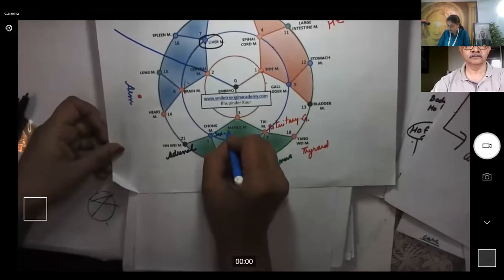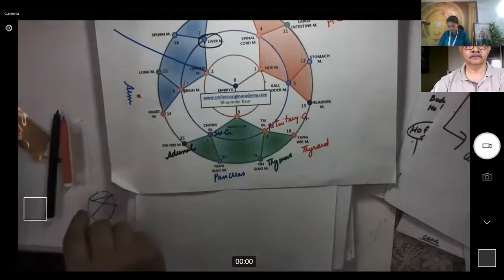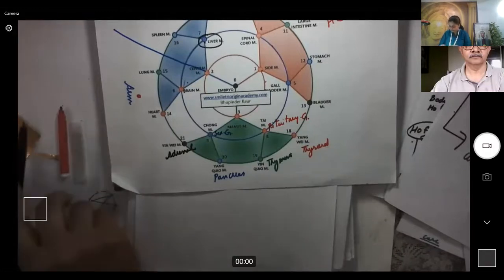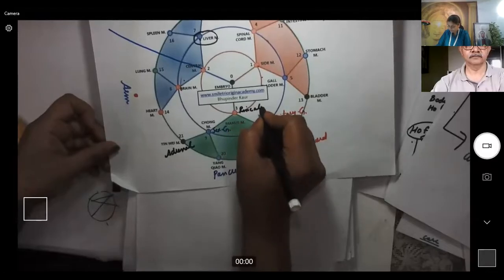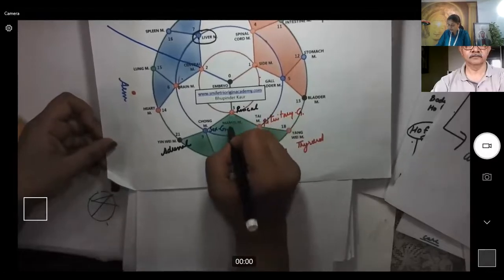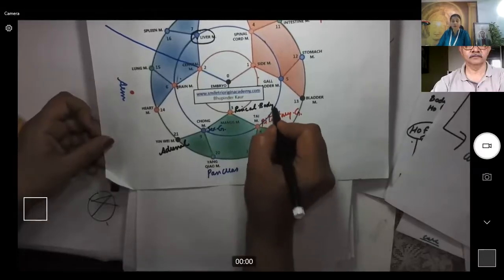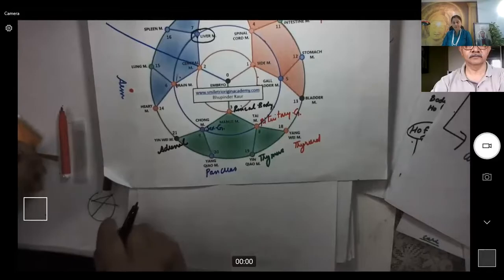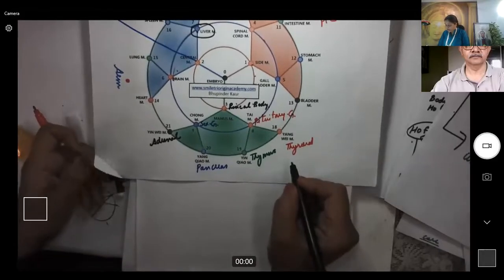So your sexual gland, gonads. And here is also the pineal body. Here also the pineal body meridian. If you want to activate the pineal body, this is here. Yes. Now we will do one.